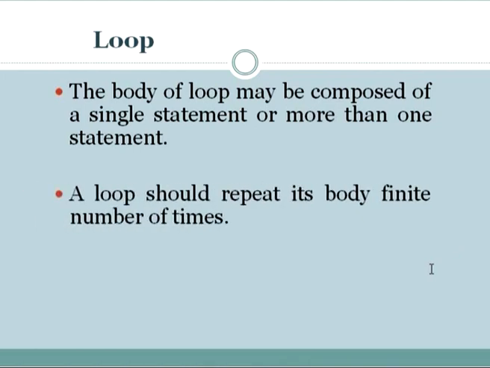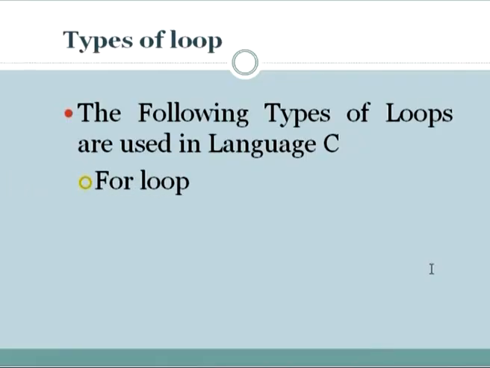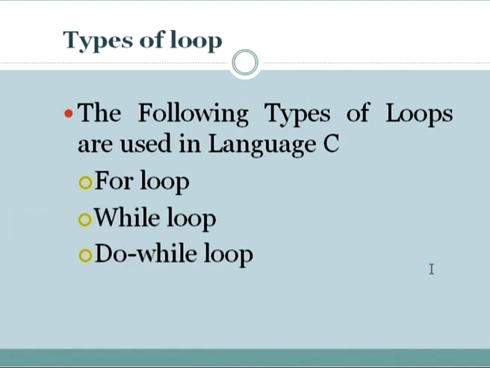A loop should repeat its body a finite number of times. If a loop repeats infinitely, then it is called an infinite loop. The following types of loops are used in language C: for loop, while loop and do while loop.